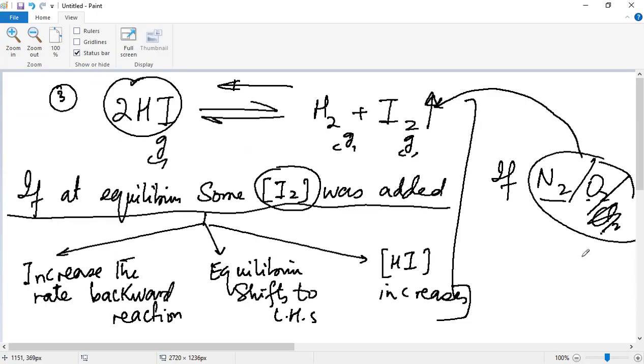Maybe Cl2 could make it confusing for the displacement concept, but otherwise oxygen and nitrogen are not common to my reactants or products, so they would not have any effect. So in the concentration case, sometimes they give you something that does not link to reactants or products at all, so there will be no effect on the equilibrium position. I will say no shift in the position of equilibrium.